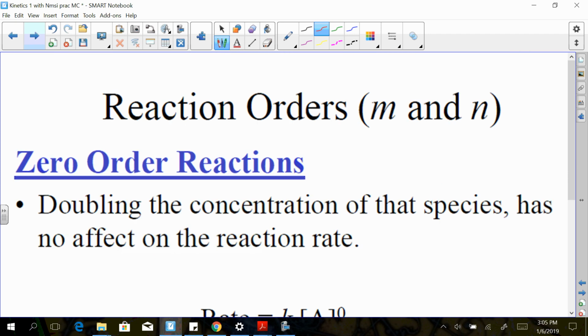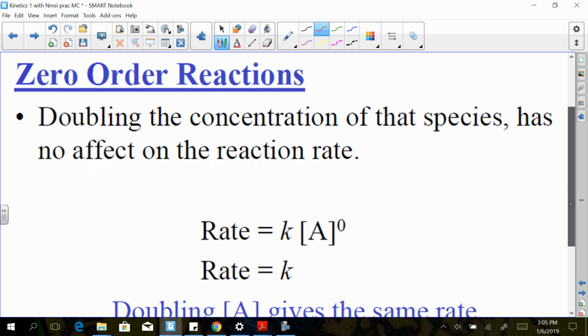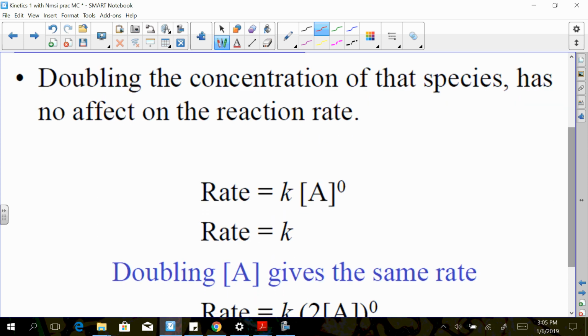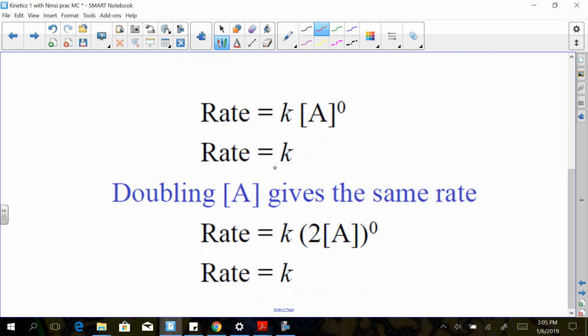Okay, now what does all that mean? So if something is zero order, if you double the concentration of that species, it doesn't affect the reaction rate. So if I give you 1 molar or 20 molar, doesn't matter. It's going to happen at the same rate, and the concentration doesn't matter.